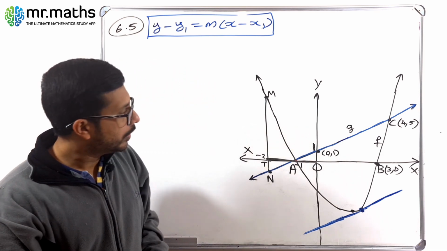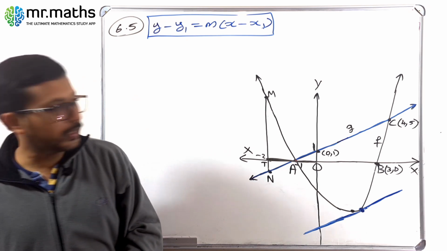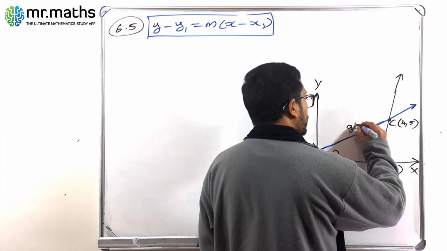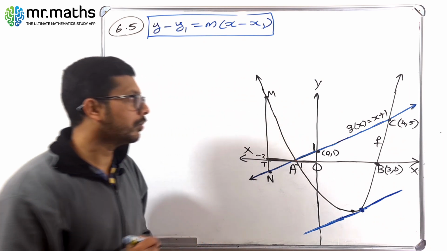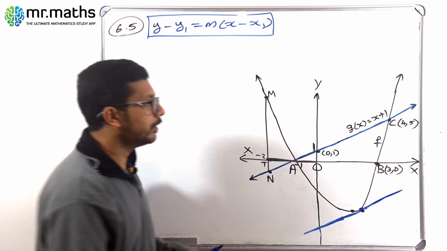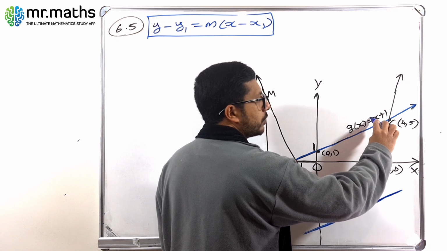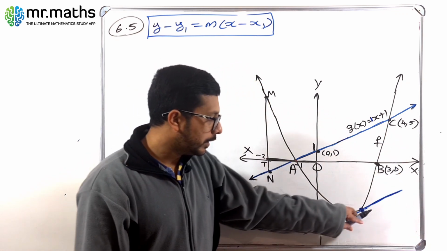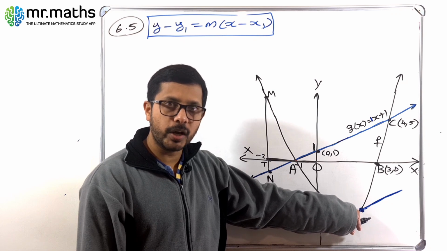Okay, so what is the equation of this g of x? We already found that g of x is equal to x plus 1. You remember that one? So here what is the gradient? G of x, it is the coefficient of x, that is 1. So it means that the gradient of this tangent is also 1. Why?